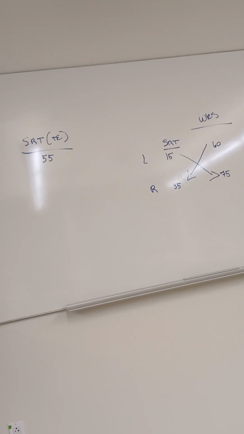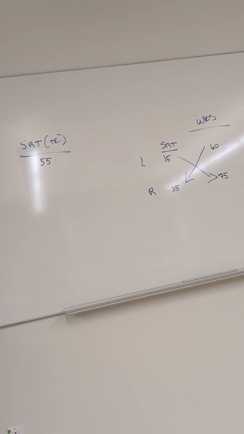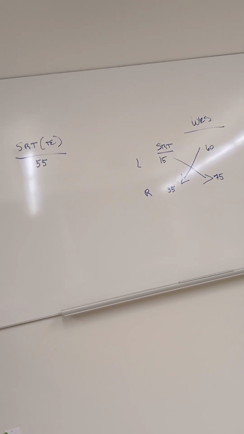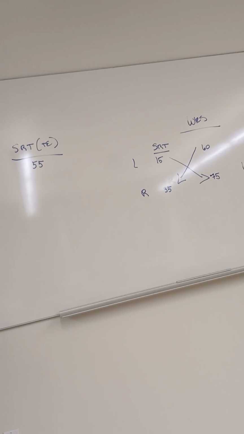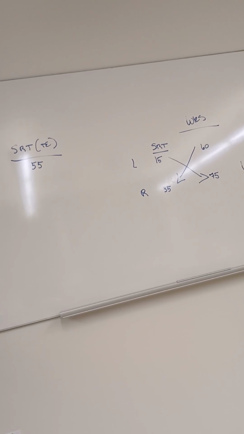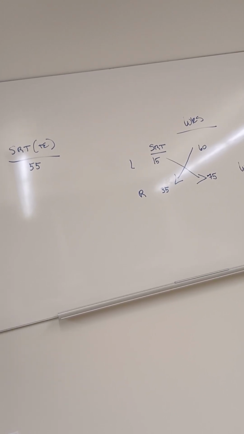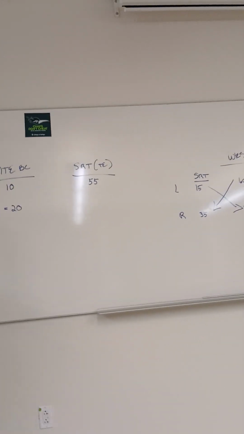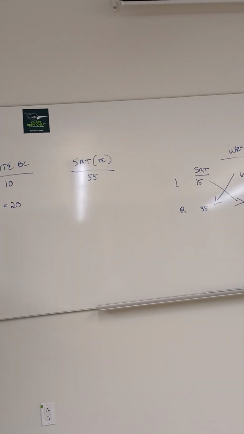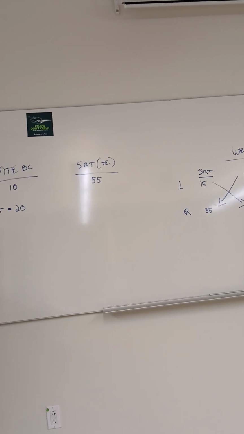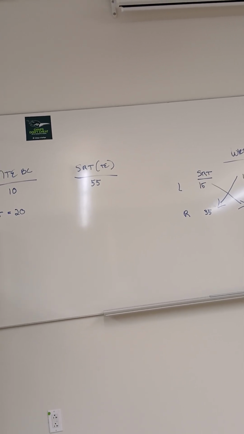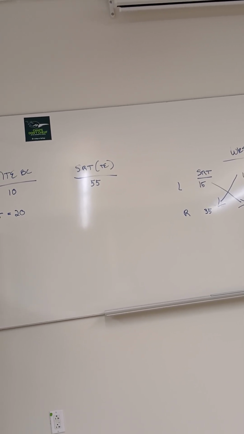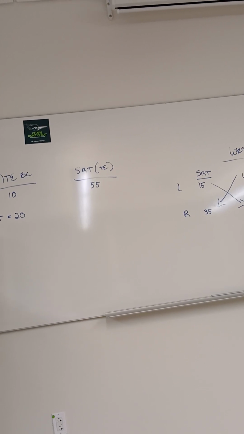So what is our initial masking level going to be in our non-test ear? 60. Because remember, it's the same method as air conduction. So your initial masking level is how much above the threshold in that non-test ear? 10.